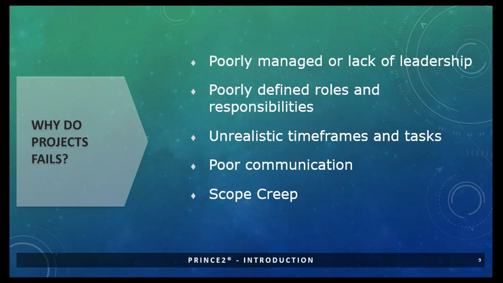So scope creep is nothing but taking on some unplanned activity without analyzing the impact on time, cost, risk, and quality. And of course, the worst of all is stakeholder conflict. When stakeholders are not aligned, you're bound to fail in project management.